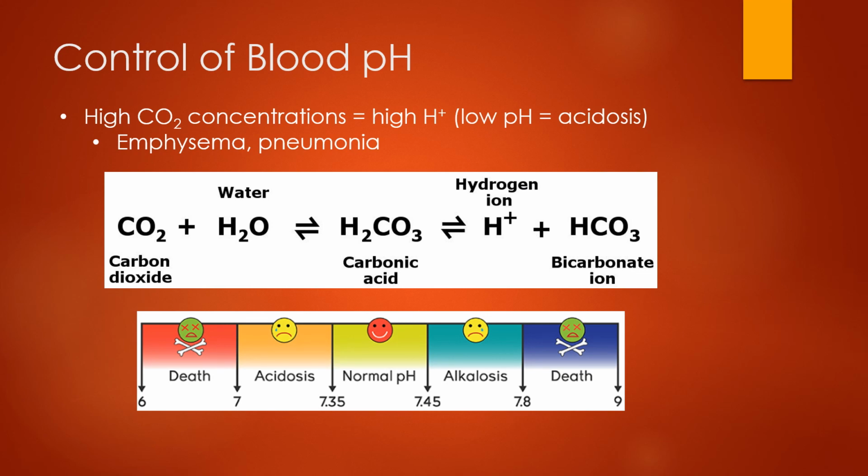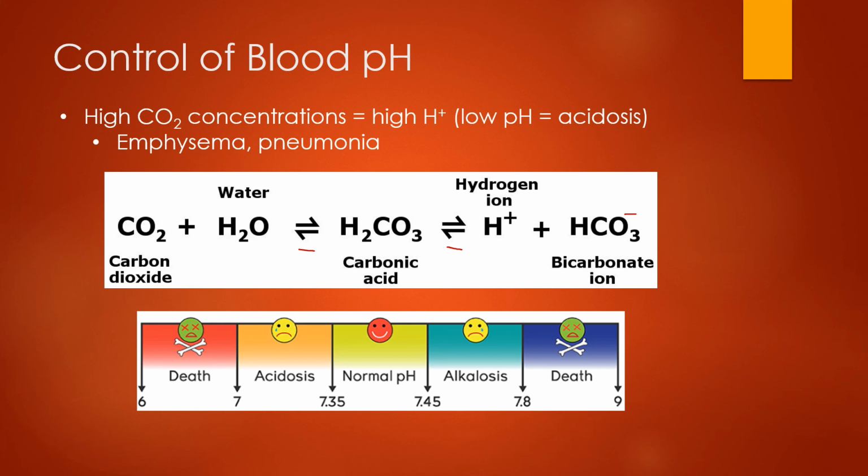So now we're going to look at the buffer system present in our blood. And notice the buffer system I have below has two equilibriums going on at the same time. So I have two equilibrium arrows: CO2 and water forming carbonic acid, and then carbonic acid dissociating into H plus and HCO3 minus.